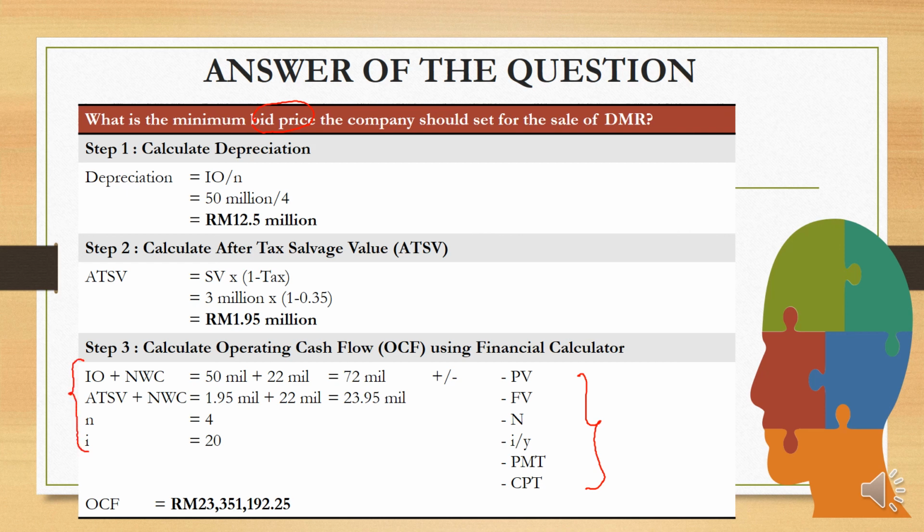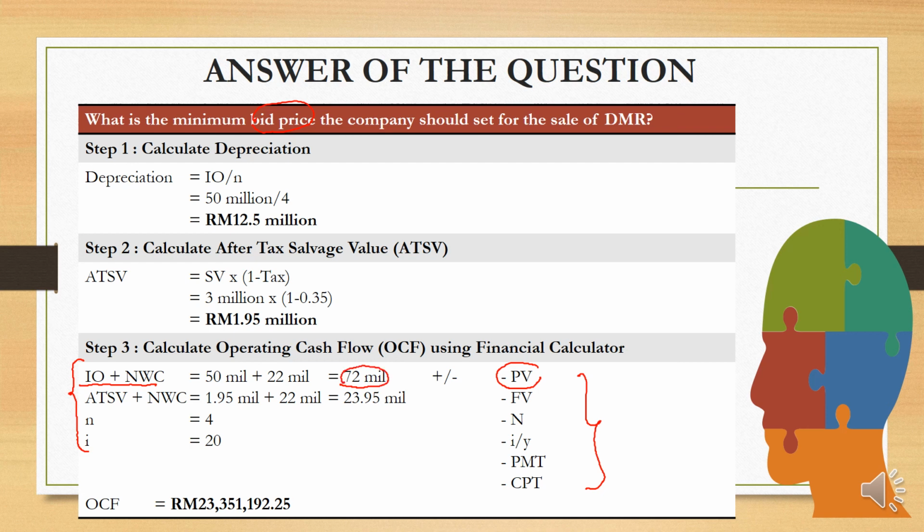For the first command, PV, you need the initial outlay plus the net working capital. The initial outlay is 50 million plus the 22 million net working capital, so the amount is 72 million.